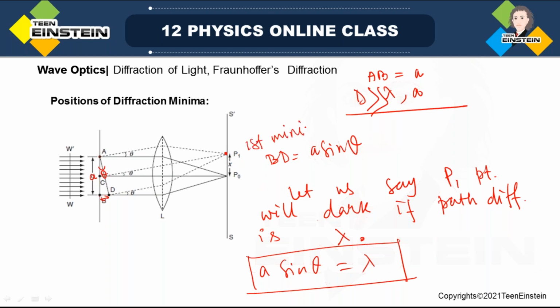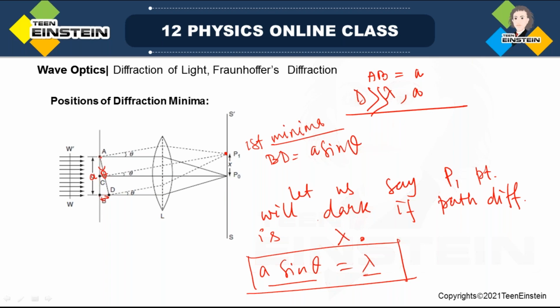Minima means darkness, and for minima to happen you should have two lights interfere destructively. Now look, we have taken A sin theta equal to lambda as the condition for this P1 to be dark. Why this condition makes P1 dark, we will now justify.